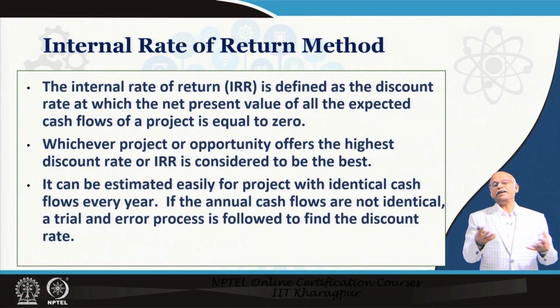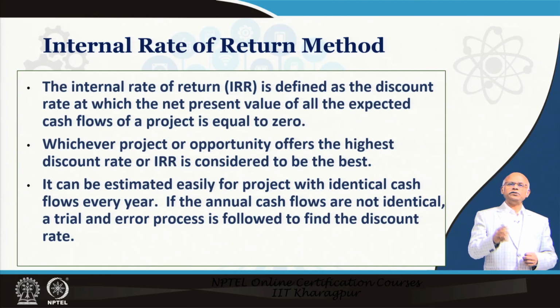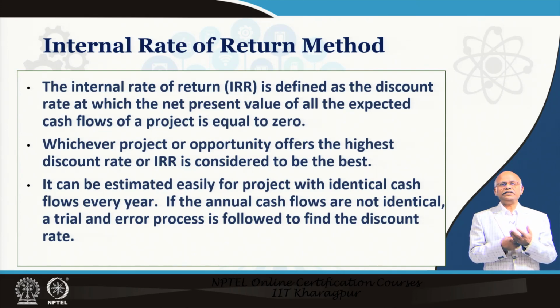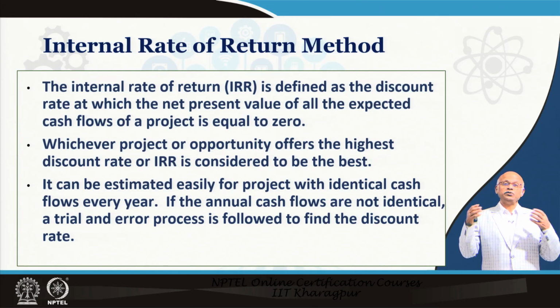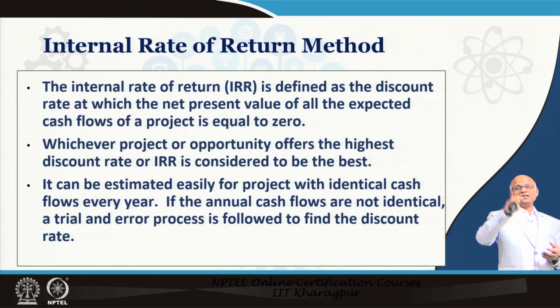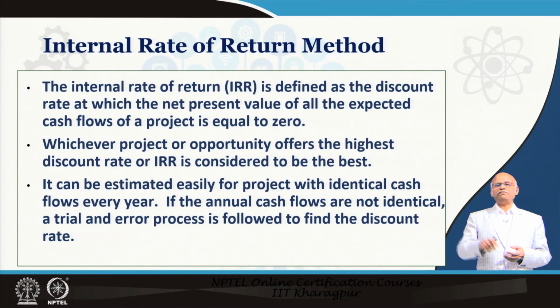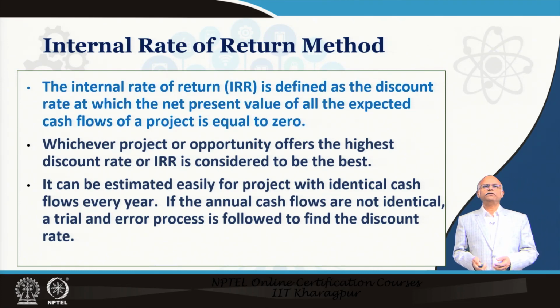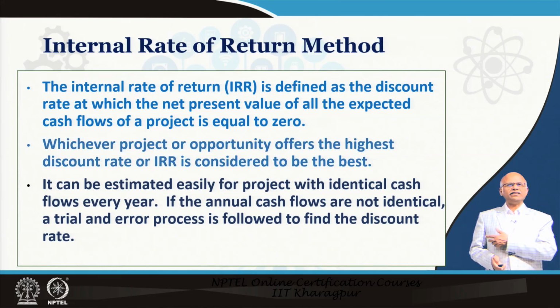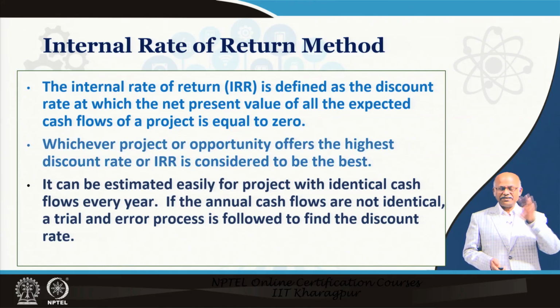Now, in this kind of situation where the cash flow is equal, you can use a chart, that is the internal rate of return factor. You can use the factor and the chart, and then you can actually identify the actual internal rate of return. We will show it very soon. So, first thing is you place net present value equal to 0.